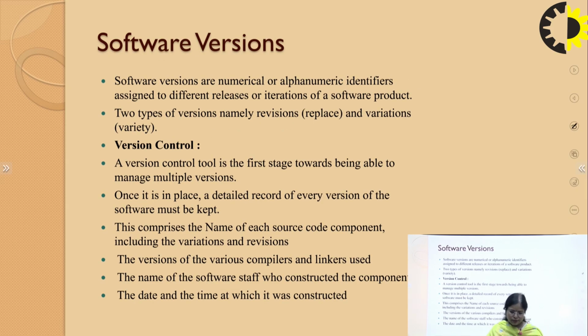When we apply changes to the software, these changes can produce the software in two types: first, revisions, and second, variations.